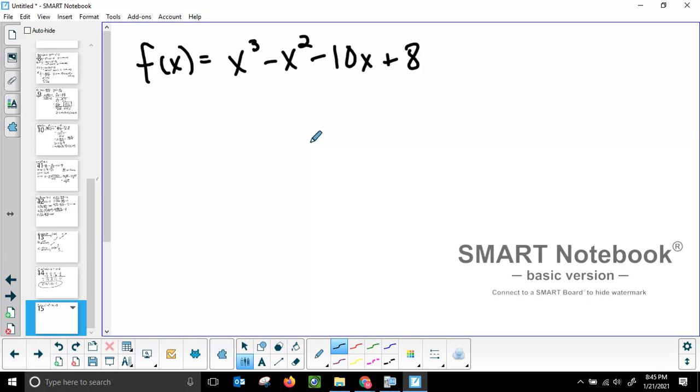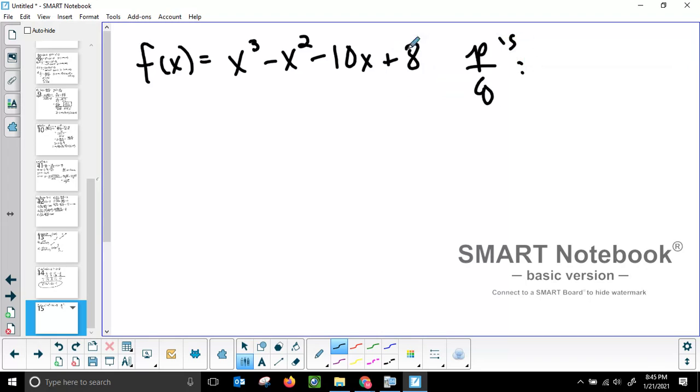Okay, so there's a few ways to do this. I'll assume that this is on the non-calculator portion. Obviously, the calculator portion makes this very easy. But we can do our p over q's.